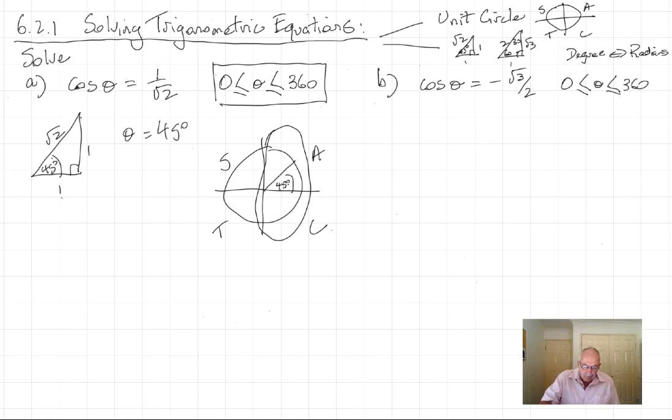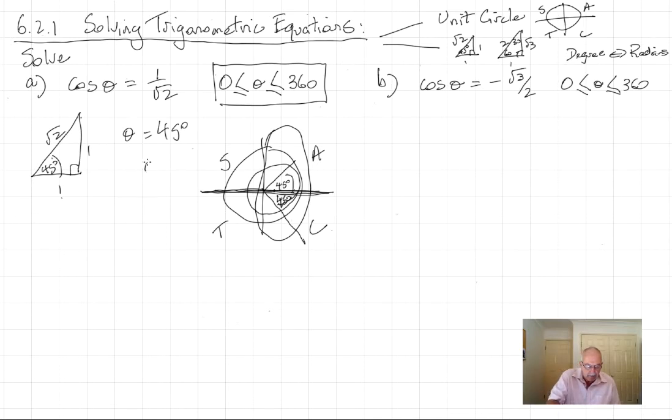Not only do we get 45, and you may recall from previous work that you always work off the horizontal axis, which is the x-axis. So this is 0 plus 45, or all the way around and come back 45 degrees.